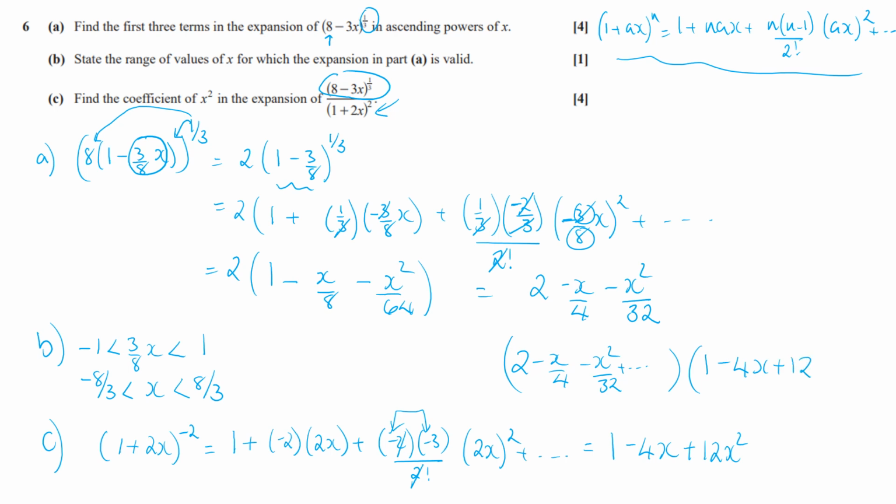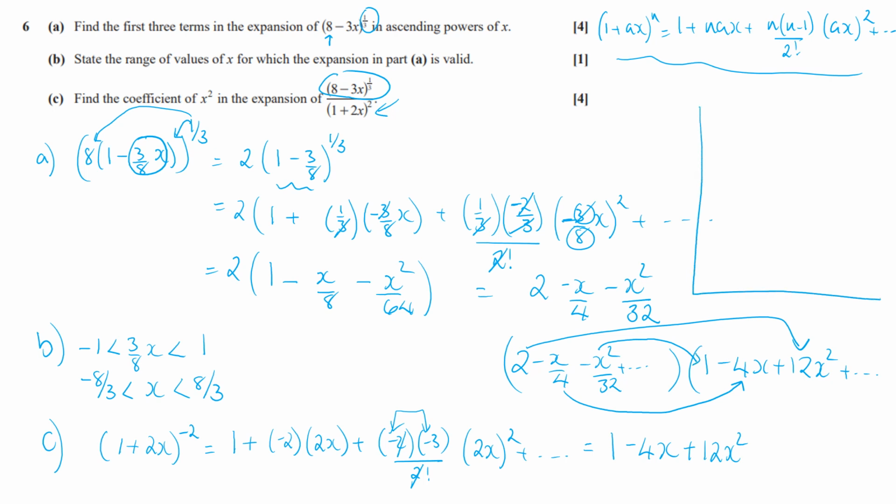And then we just need to think about which terms will give us coefficients of x squared. Well, it's going to be when the 2 is multiplied by the 12, when the x over 4 is multiplied by the 4x, and when the x squared over 32 is multiplied by the 1. So all together, the x squared coefficient is going to be 2 times 12, which is 24. And then this minus a quarter times minus 4 will give us a plus 1.